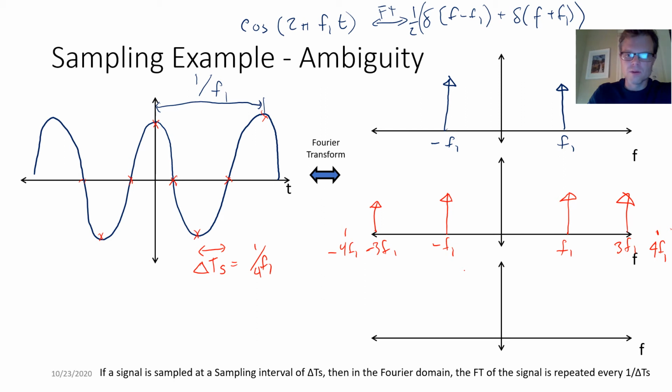Then recall that when we do the discrete Fourier transform, the only part of this signal that we look at is something with a width of 4 f1 here. So cutting off the edges, you'll see we're actually going to be able to faithfully recover our original signal when we choose this sampling interval.